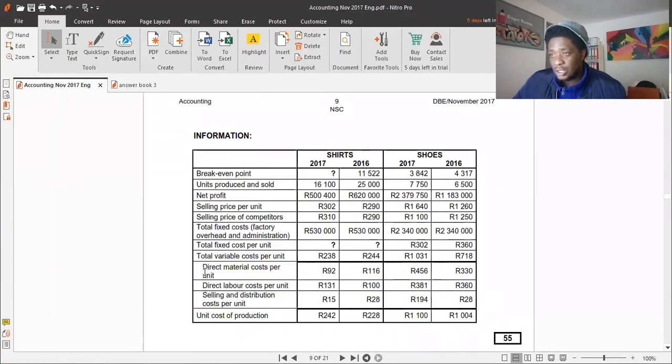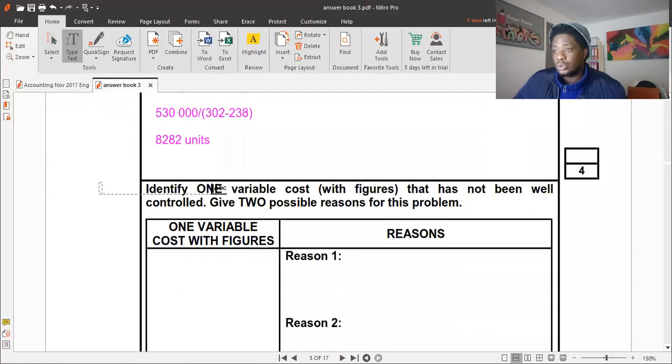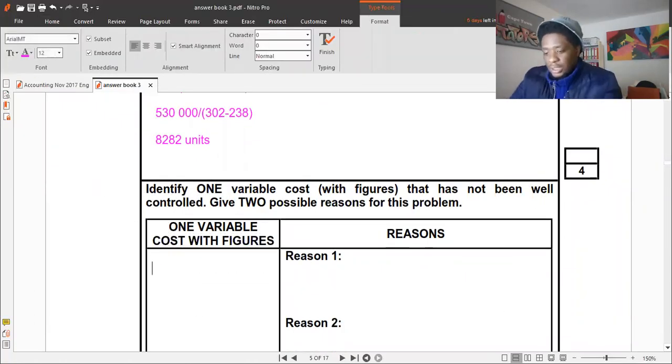Direct material cost went from 116 to 92, direct labor cost from 100 to 131, selling and distribution cost went from 28 to 15. From what I'm seeing here, the direct labor cost per unit is the one that is not being controlled well.